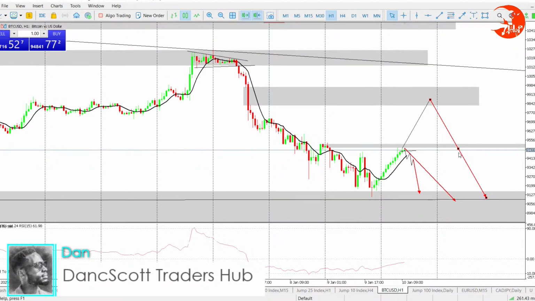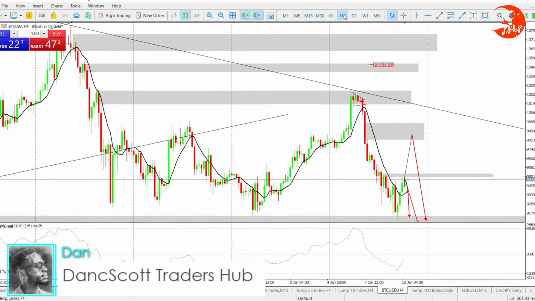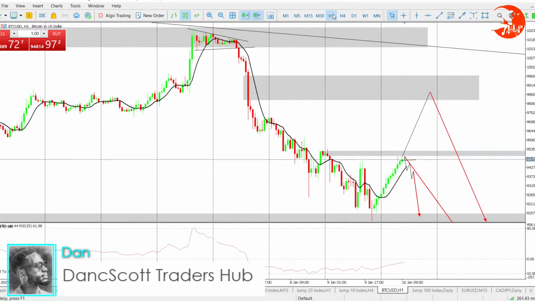So you just have to be ready for whatever happens. That's how I can briefly conclude on this very asset. There's a liquidity and imbalance that needs to be grabbed, needs to be corrected in the market.